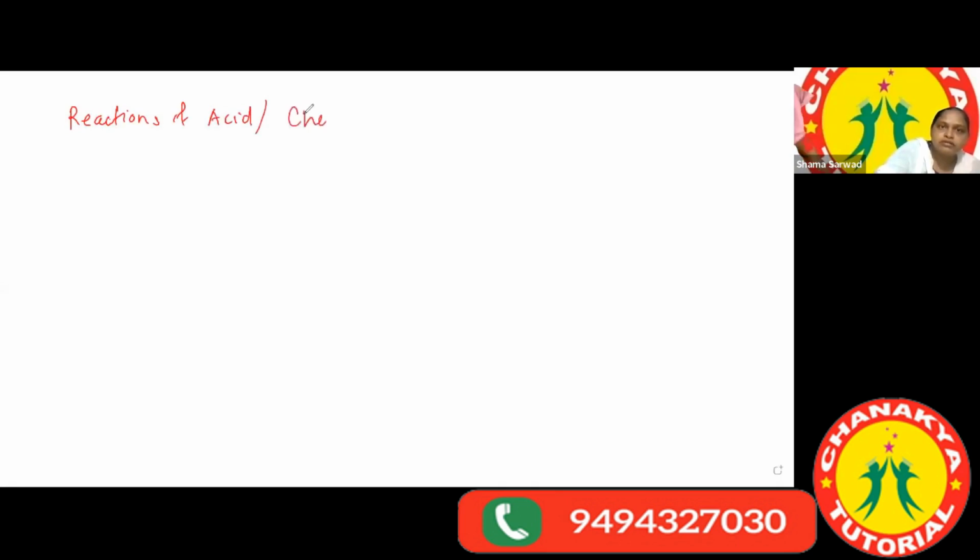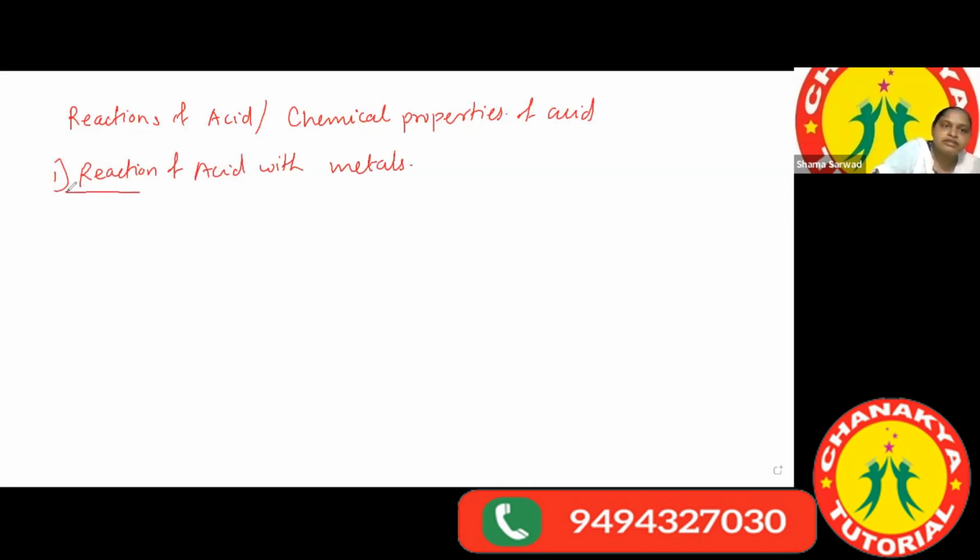Now see, reactions of acid or chemical properties of acid. In that, first, reaction of acids with metal. In that, which acids do you have to learn? Only three acids you have to think about.